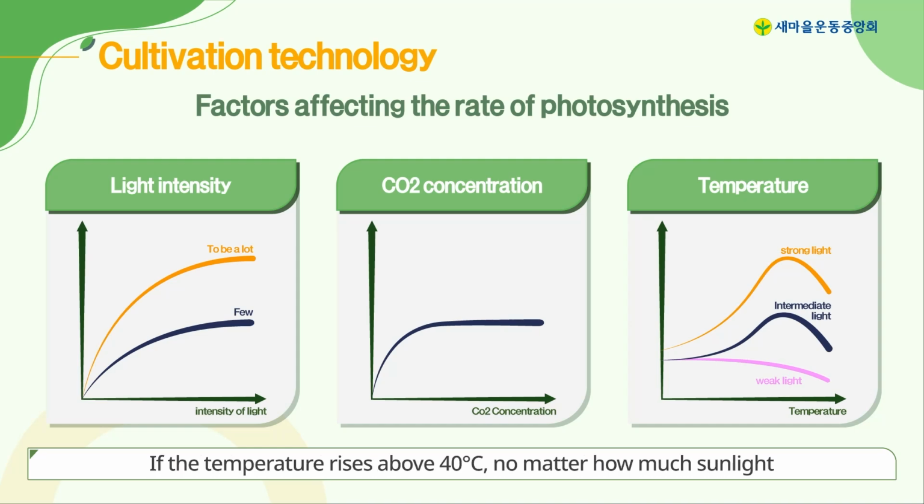If the temperature rises above 40 degrees Celsius, no matter how much sunlight and carbon dioxide there is, normal photosynthesis cannot take place. So, with the importance of temperature in mind, be sure to maintain the appropriate carbon dioxide concentration, sunlight exposure, and temperatures.